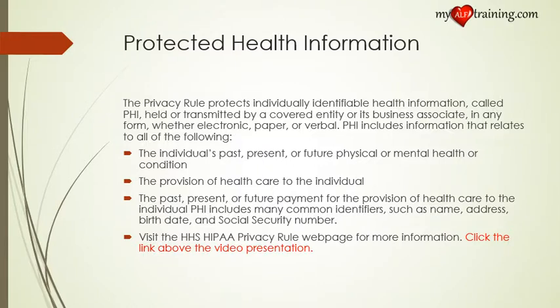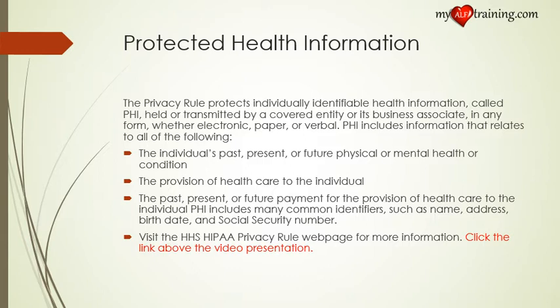Protected health information. The Privacy Rule protects individually identifiable health information, called PHI, held or transmitted by a covered entity or its business associate in any form, whether electronic, paper, or verbal. PHI includes information that relates to all of the following: the individual's past, present, or future physical or mental health or condition; the provision of health care to the individual; the past, present, or future payment for the provision of health care to the individual.